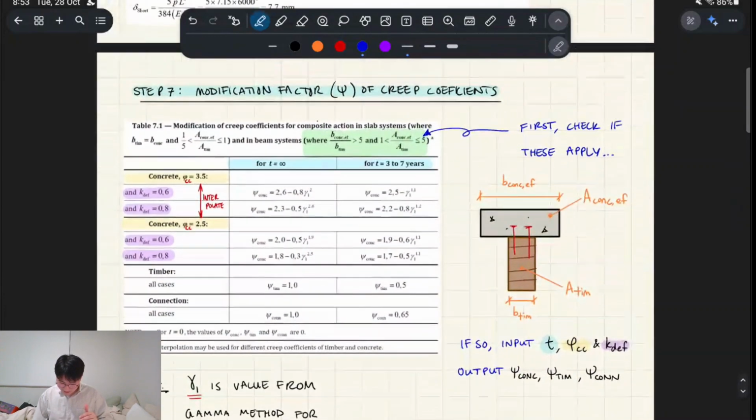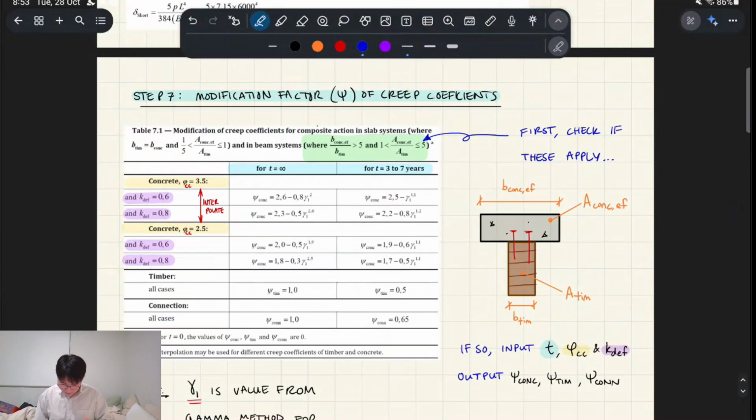And next we have to, so this table is not officially in the Eurocode 5. This is like from a random excerpt somewhere else, right? So it's even more cooked. But we're trying to find the modification factor, which is not the same as the phi from the load combos.